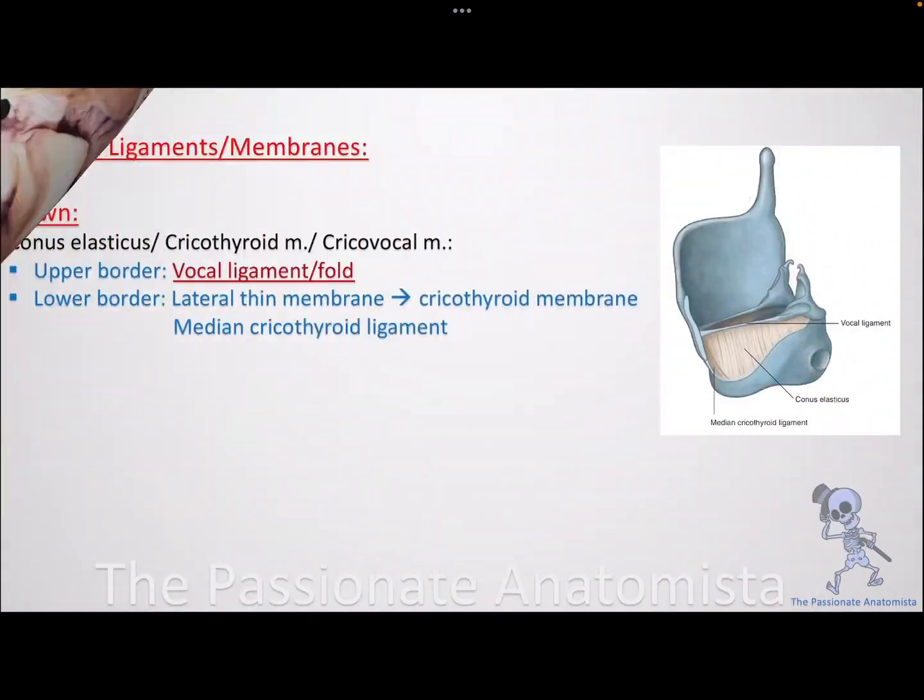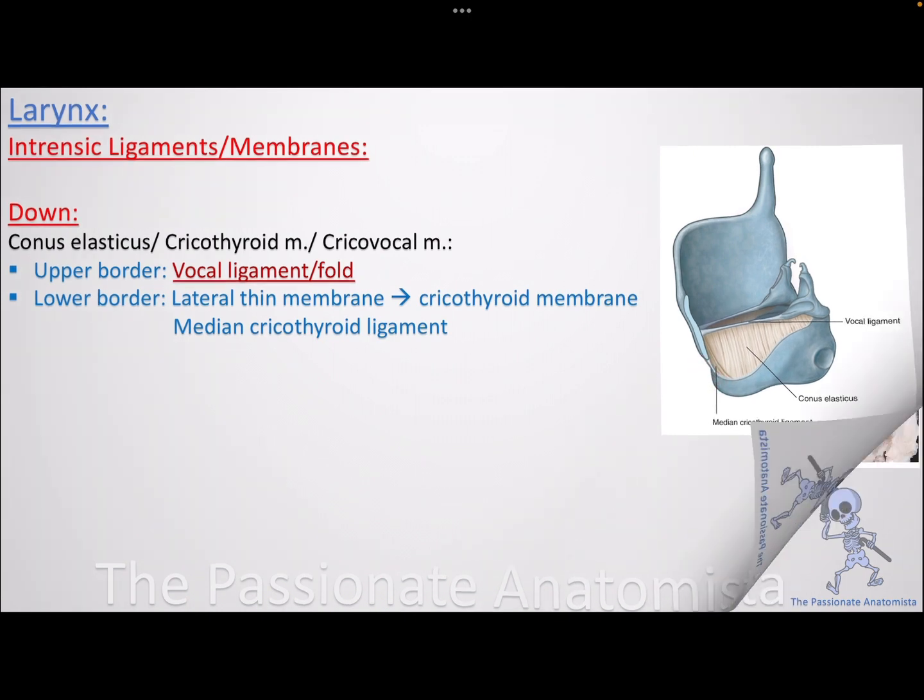Here we already talked about the conus elasticus, and we showed how the condensation of the upper free border makes the vocal fold and ligament, and how the condensation of the anterior part of the cricothyroid membrane, which is the conus elasticus also, gives us the median cricothyroid ligament.